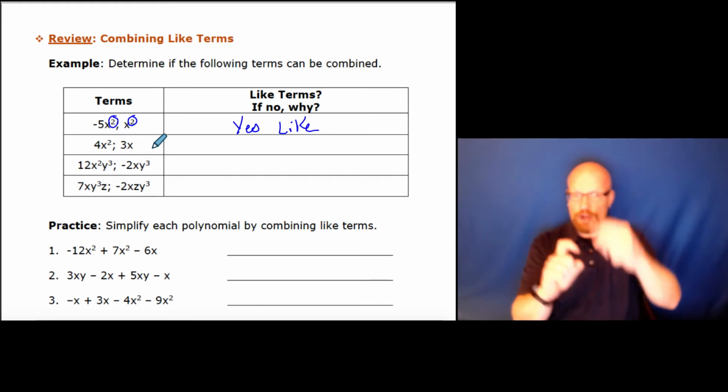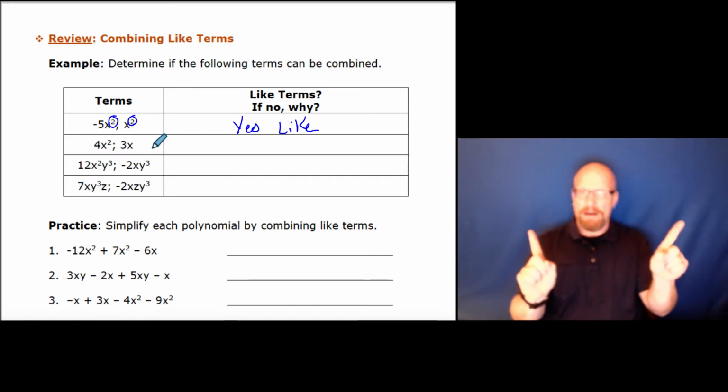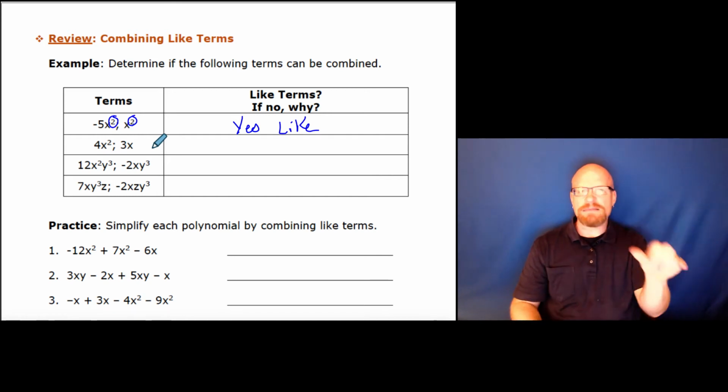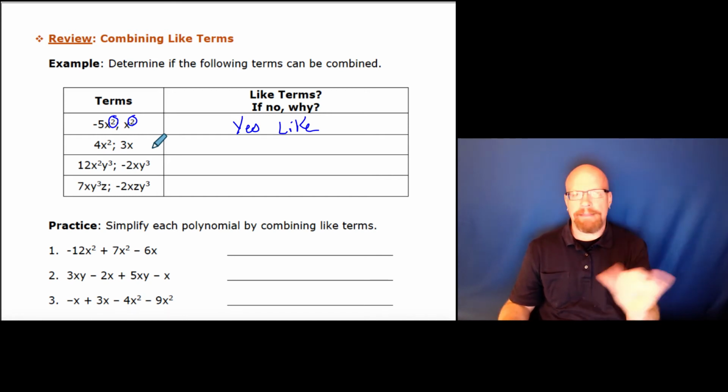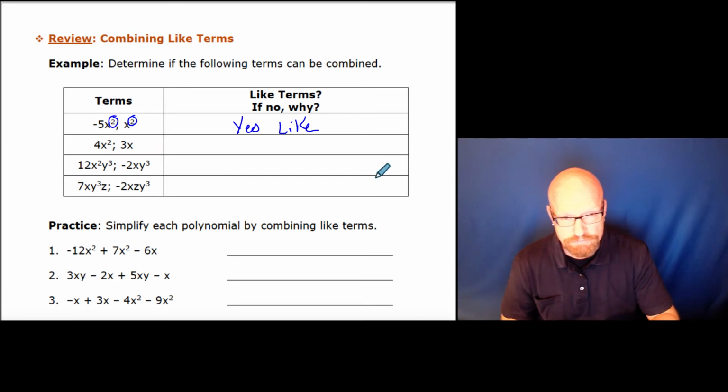Now the one below that, we have x squared and x to the first. They both have x as a variable, but the exponents are not the same. They are not like.